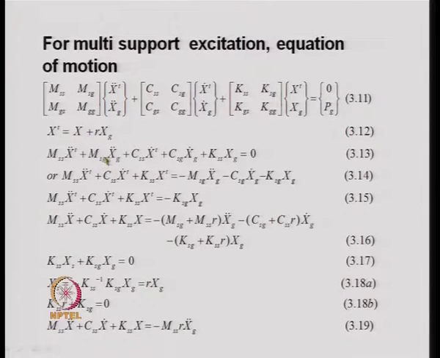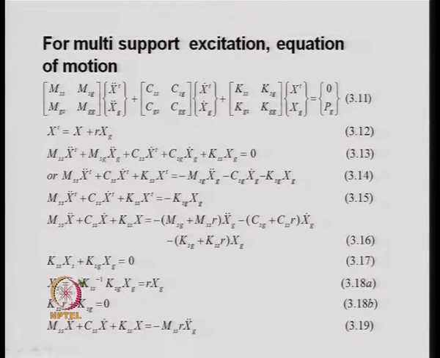Next we wanted to explain how the R matrix is generated. In the previous slide, the R matrix is generated with the help of this equation, that is minus Kss inverse into Ksg multiplied by xg, or the R matrix is equal to minus Kss inverse into Ksg.